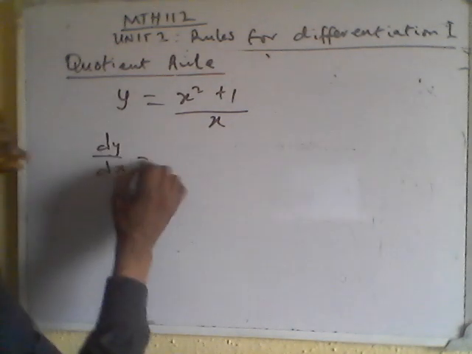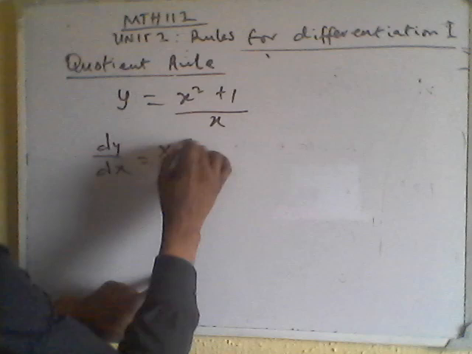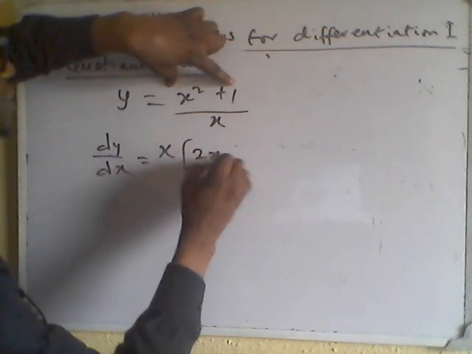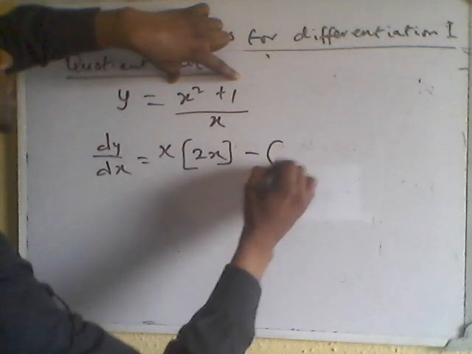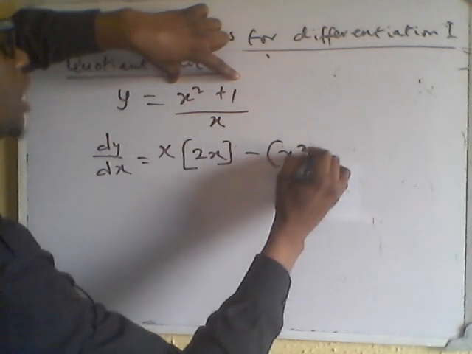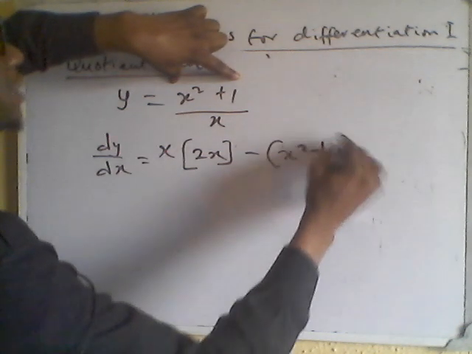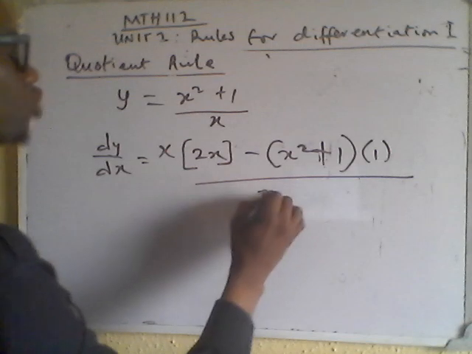But I will come and say bottom the top. Bottom is x. Then d top is differentiate this top, right? So I have 2x. Then minus top is x squared plus 1. Then top the bottom. The bottom is 1 over bottom square.